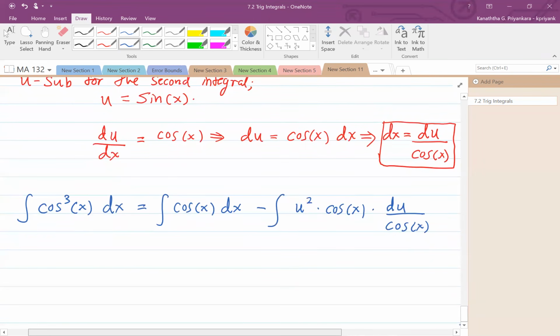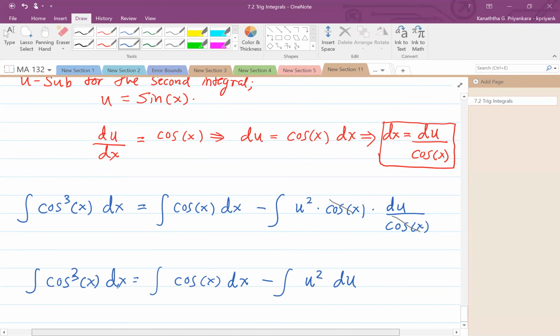Then I can cancel out cosine x from the numerator and the denominator. So you get integral cosine x dx minus integral u squared du, that would be integral of cosine cube x dx.